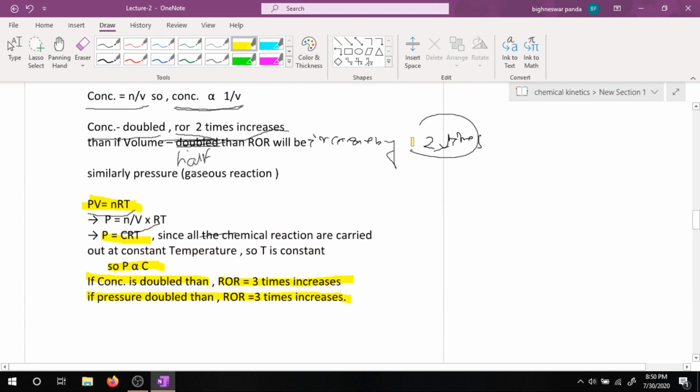Then come to the next part. What is the effect of concentration?